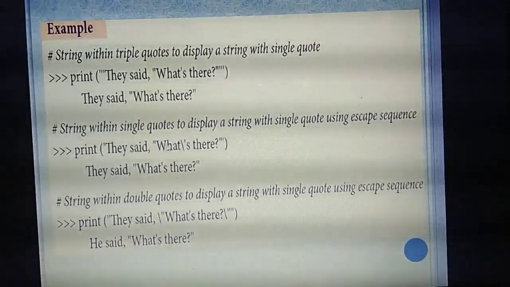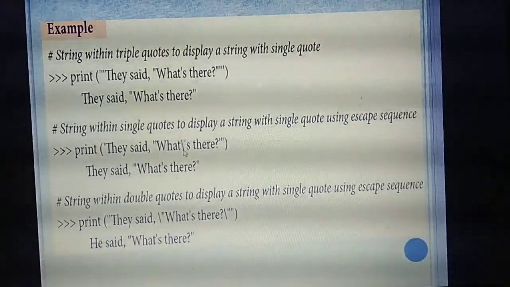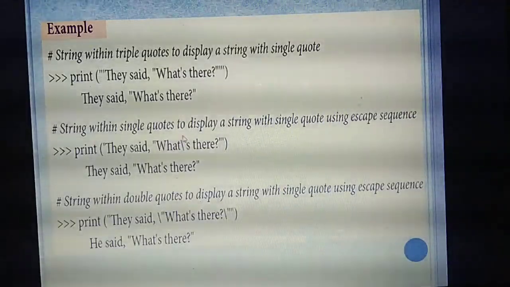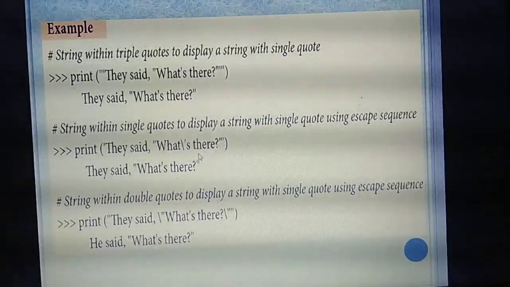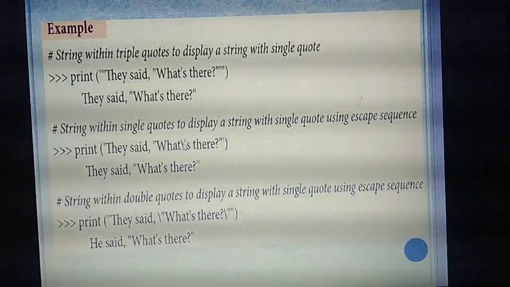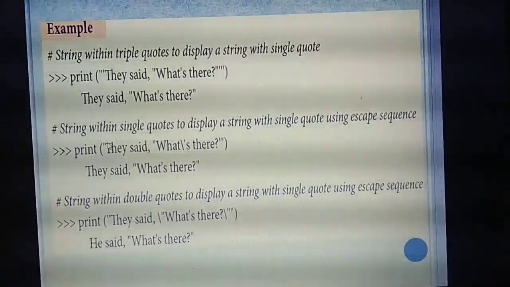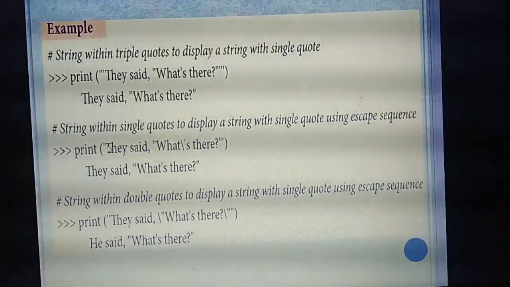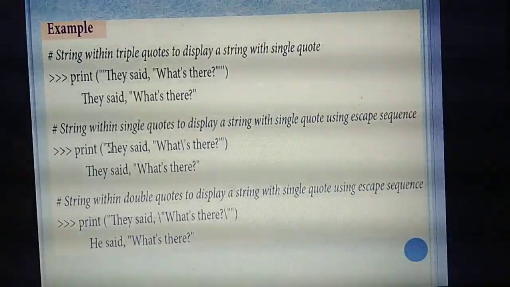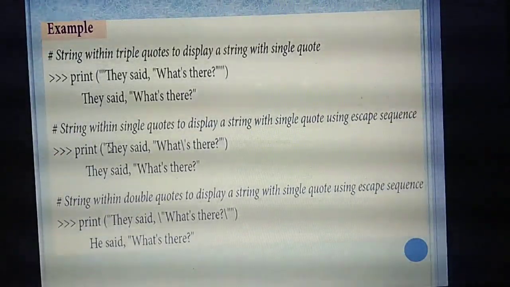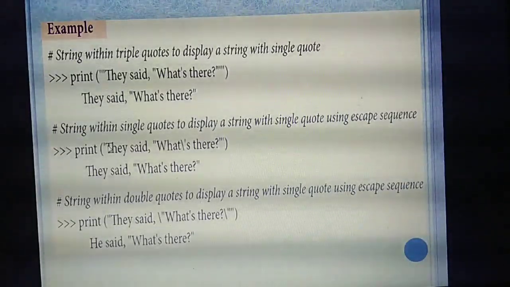Okay. So listen. What's there? See, this is the single apostrophe. So if you give a backslash with this apostrophe, you can give the sentence in single quotes. Understand? But normally if you give it without this escape sequence, the Python program will throw an error. That you already know.